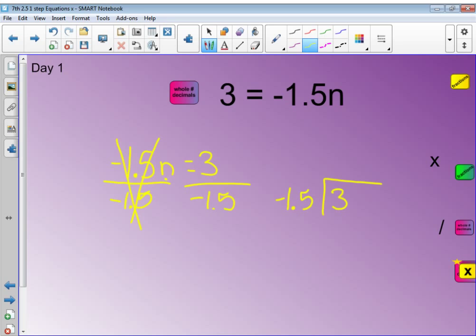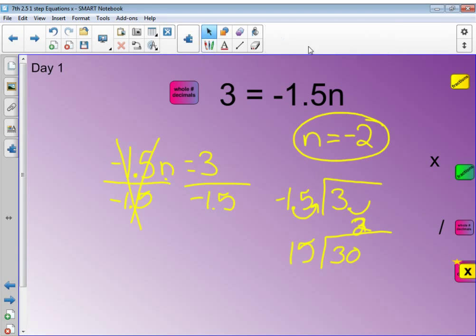When we divide, we move over so that we have a whole number in the front. So now it's 15 divided into 3. With decimals here, I have to add a 0, 30. 15 would go into 30 twice. And I have a negative sign, so our answer is n equals negative 2.